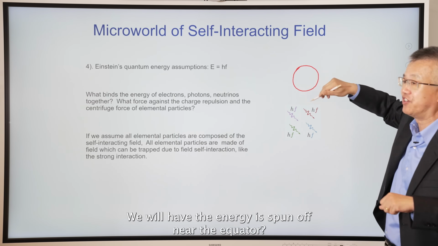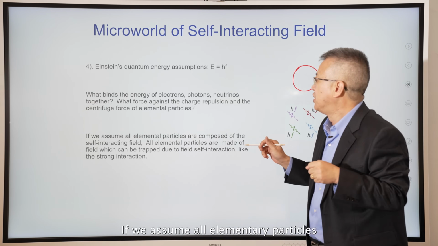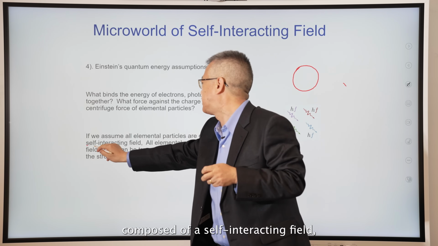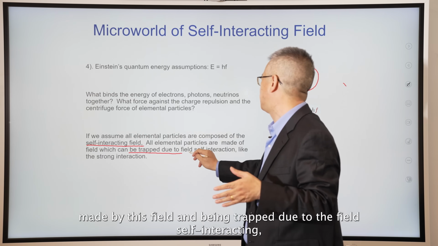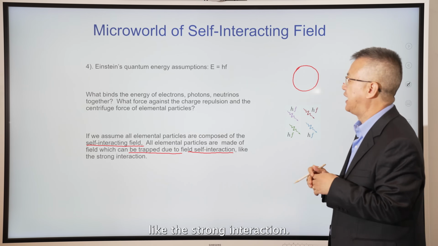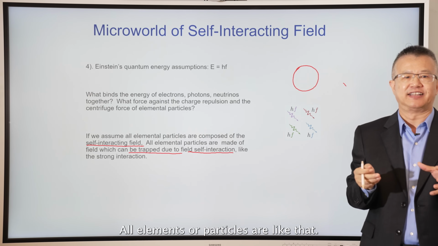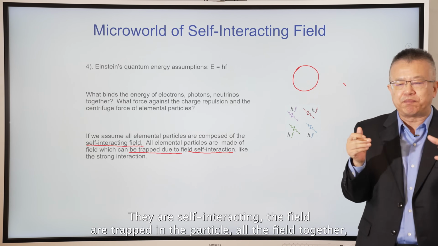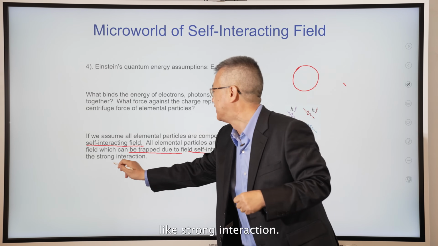We will have the energy being spun off near the equator. If we assume all elementary particles are composed of a self-interacting field, being trapped due to the field self-interacting, like the strong interaction, all elementary particles are like that. They are self-interacting, and the field is trapped in the particle, all the field together, like the strong interaction.